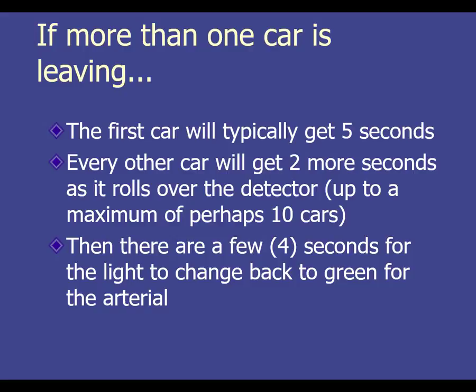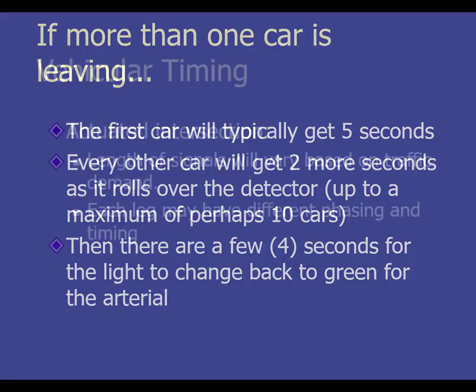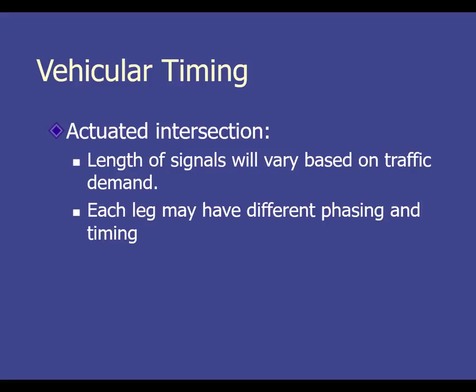So that tells you how much time we would have, including that changing back. So when we talk about vehicular timing at an actuated intersection, the length of the signals will vary upon the traffic demand, and each leg may have different phasing and different timing.